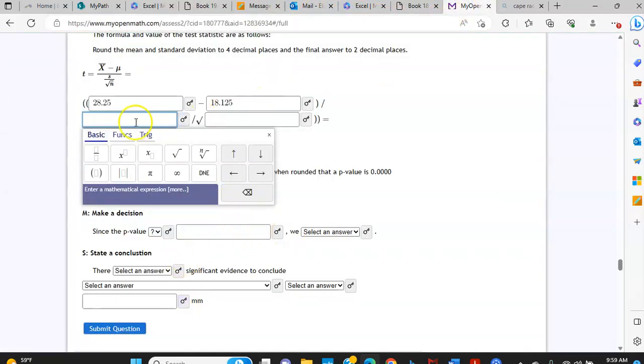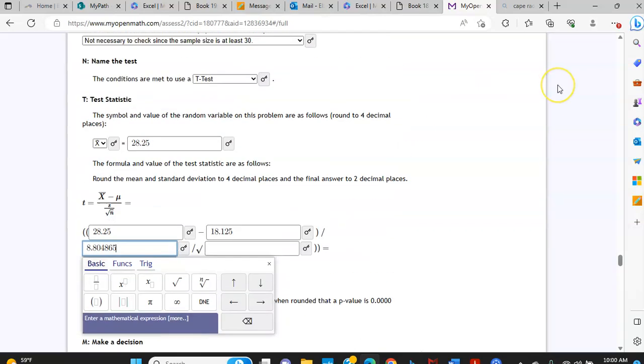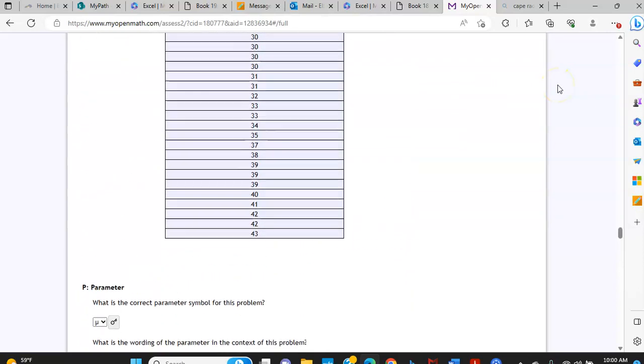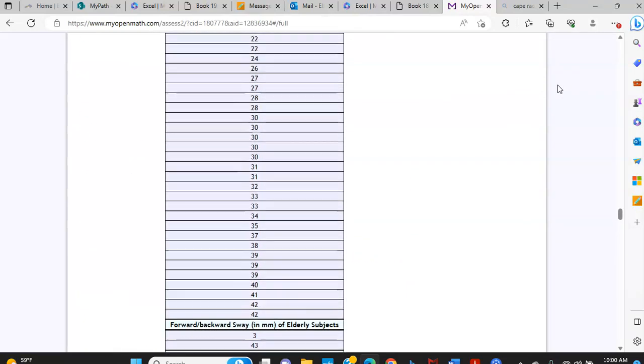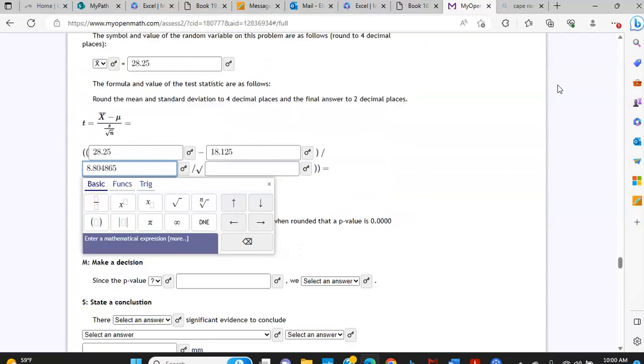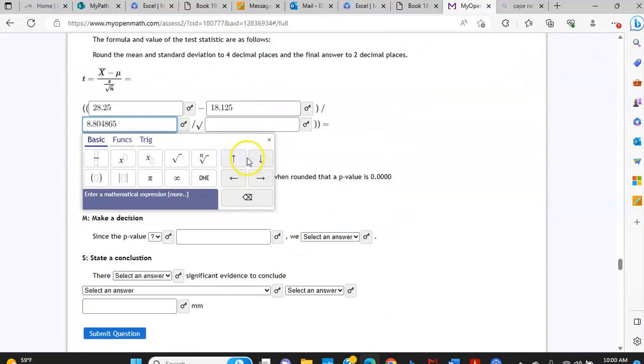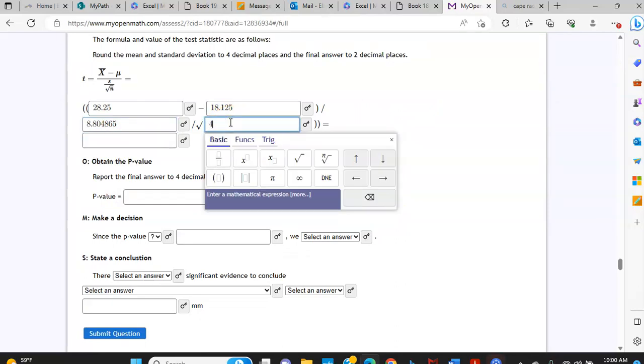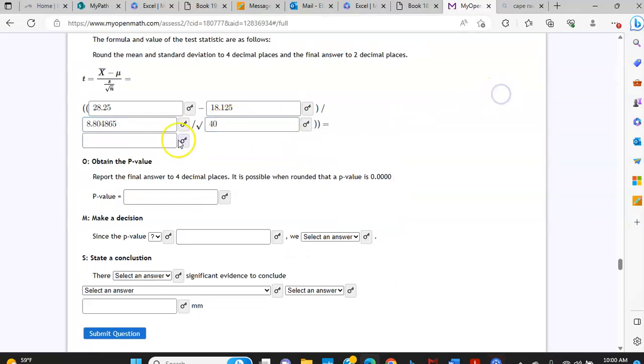So 8.804865, and I believe our sample size was 40. Indeed. So this is 40. And we're going to have to figure this out now.